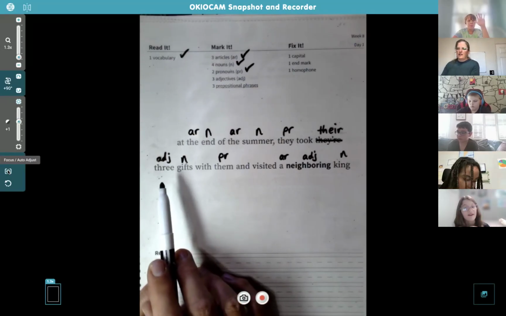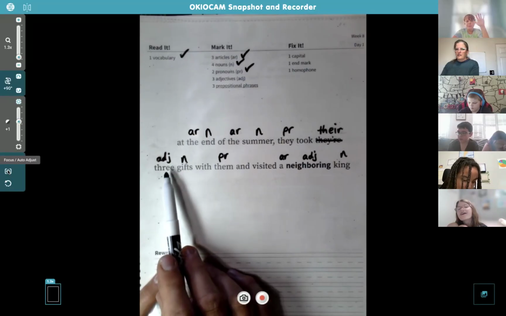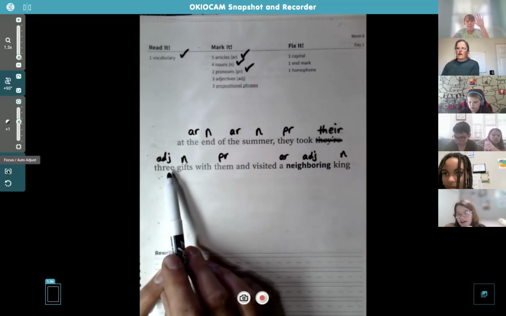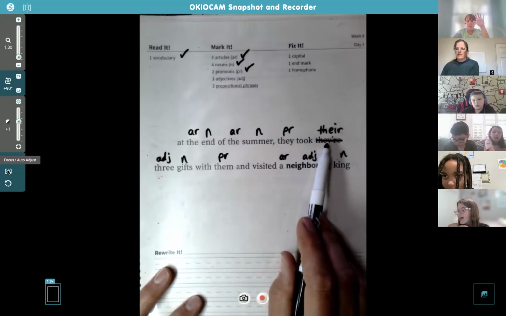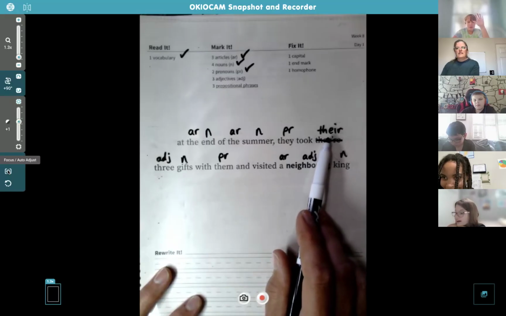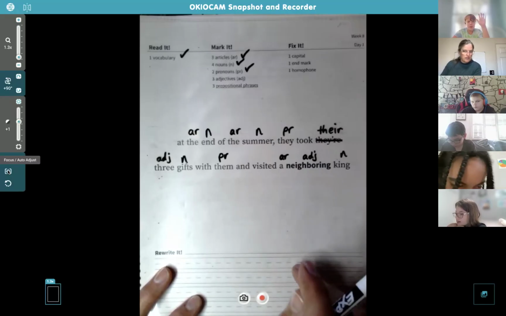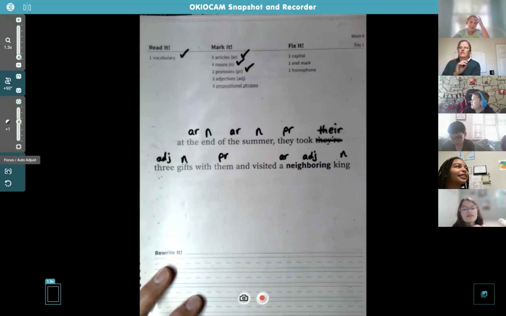I see your hands there. Hang on, let's see if she can get this. The king's. No, because the king is later. So look right before the word three. This one that you fixed. Their. Yes. So that means if they're their gifts, their three gifts, it means the gifts belong to them.